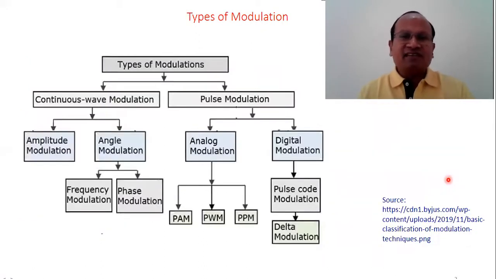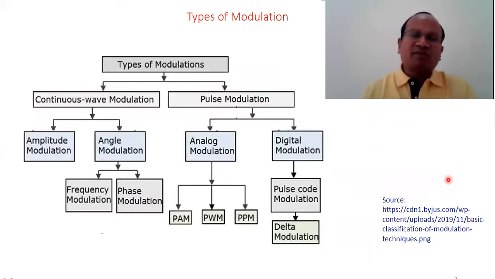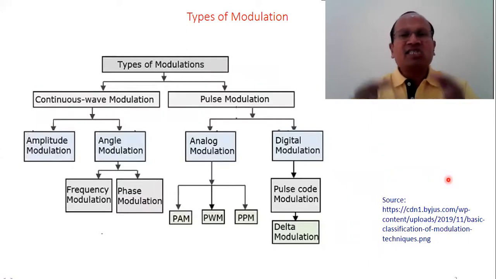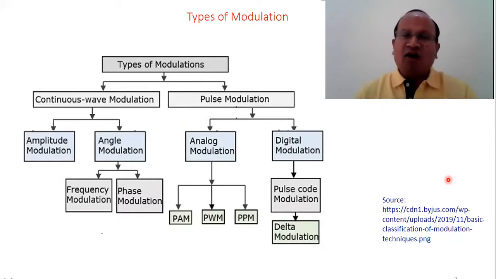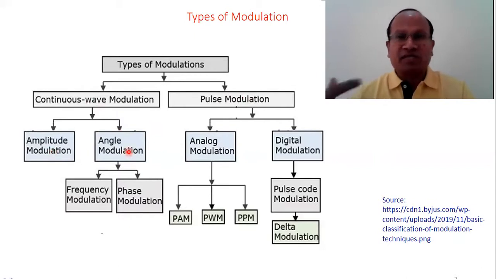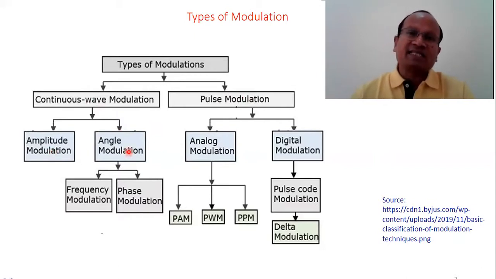After definition, this is what we have studied in previous lectures, a general classification of the different modulation schemes. All modulation is divided into two major categories. One, continuous wave modulation method. Second is pulse modulation. Continuous wave, amplitude and angle modulation we have studied in previous lectures.